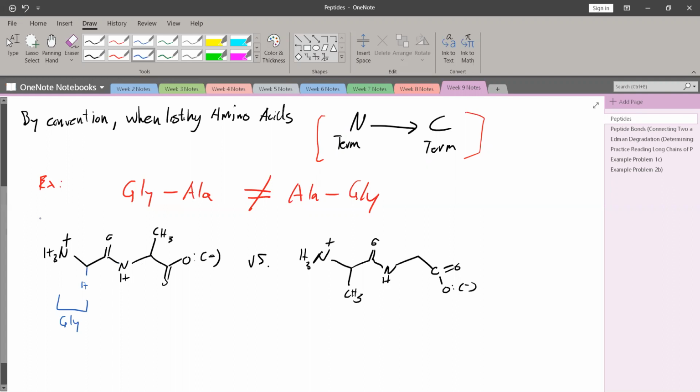Again, this is the N terminus with the ammonium ion, and the C terminus at the very end. Because we have our R group with alanine, this is our molecule, glycine alanine.